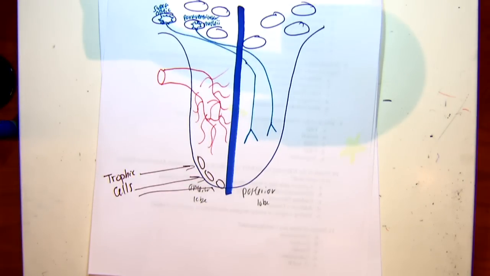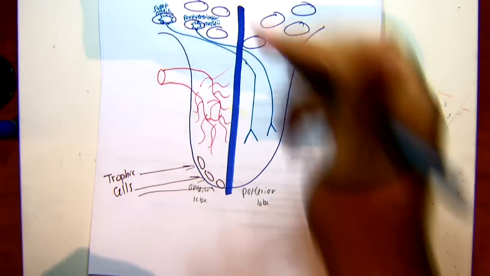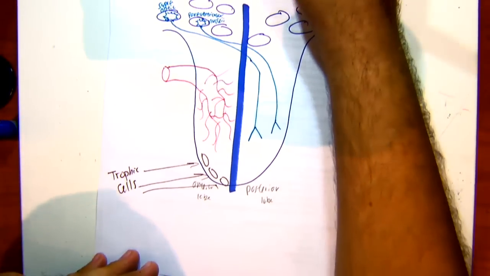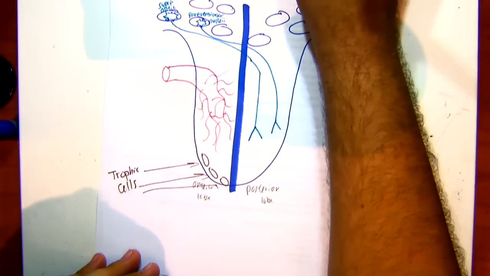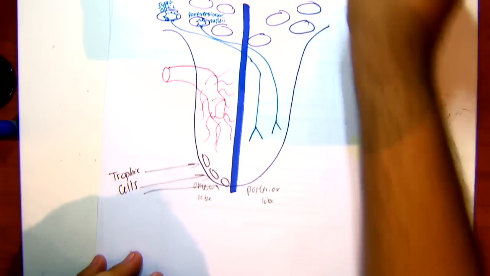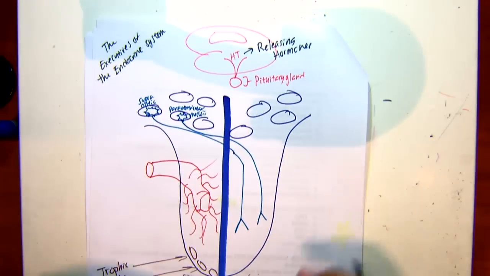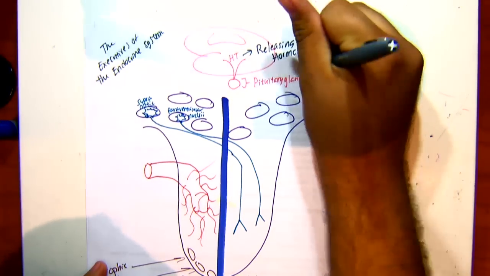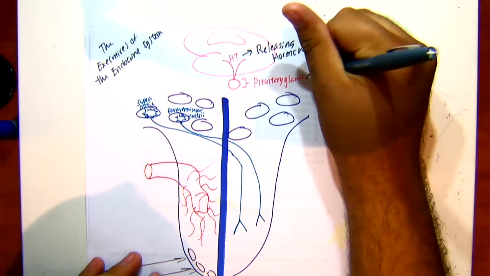So with the hypothalamus, these are going to be secreting our releasing hormones. And our pituitary gland is going to be secreting stimulating hormones.